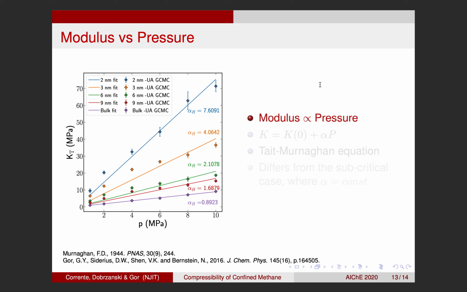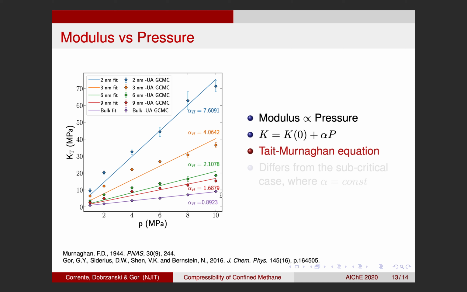One more thing I want to mention before concluding is the dependence of the modulus on the pressure. For every pore size, we can see these linear trends. This is actually a well-known equation, known as the Tait-Murnaghan equation, which goes back to the 19th century.